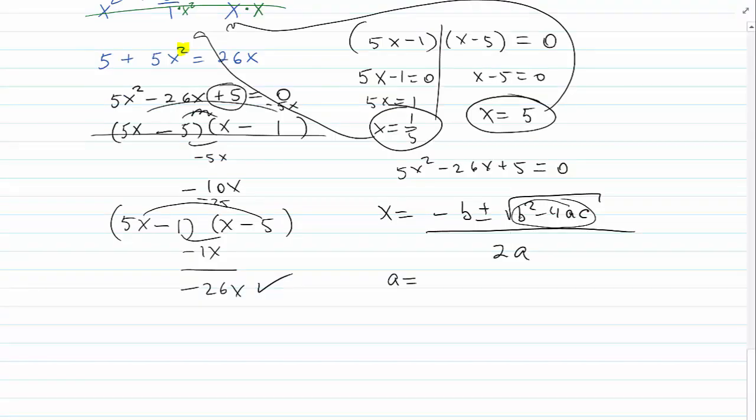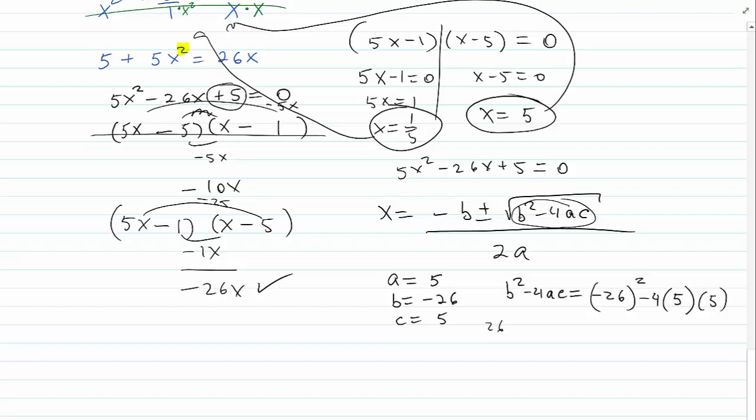A is 5, b is 26, and c is 5. All right, let's do b squared minus 4ac first. Right? So that would be what? 26 squared minus 4 times 5 times 5. Okay, so 26 squared by hand.